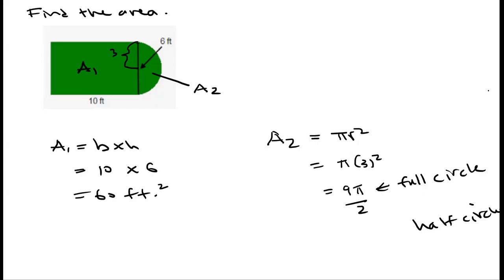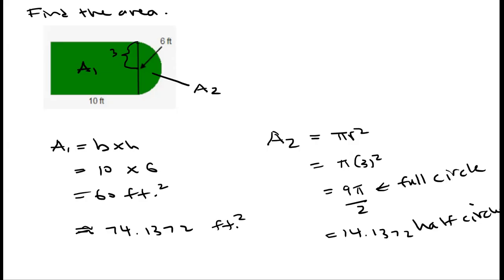So if I did 9 pi and divide that by 2, we get 14.1372. And when I add them together, 60 plus this number gives us about 74.1372. And that would be square feet.